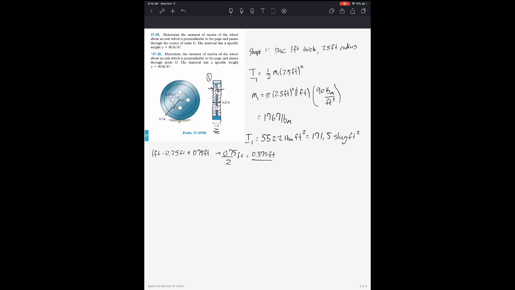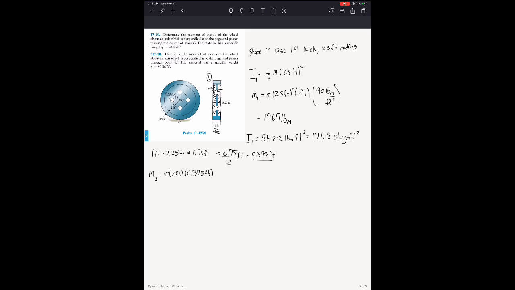So I am going to calculate the mass of those disc holes, I guess I'll call them. I'll call this shape 2, and there are 2 of them. I'm going to just do this for one of them. So the mass of that disc is pi times its radius, which is 2 feet, squared, times its thickness, which is 0.375 feet, times the density of the shape.